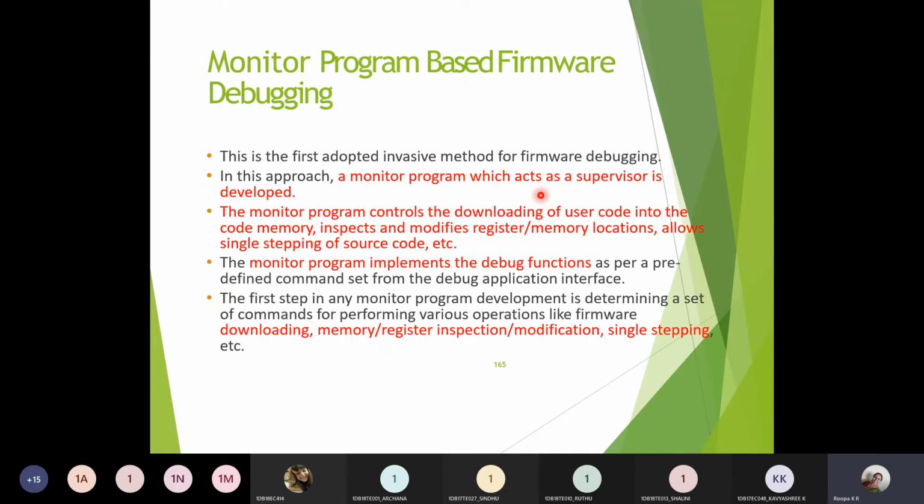Next you have monitor program based firmware debugging. This is the superior firmware debugging process, and it is the most widely adopted method in many embedded systems. If the application follows this particular debugging process, the user will have a note of which registers are modified, which memory locations are modified, and until what point the source code has been executed.